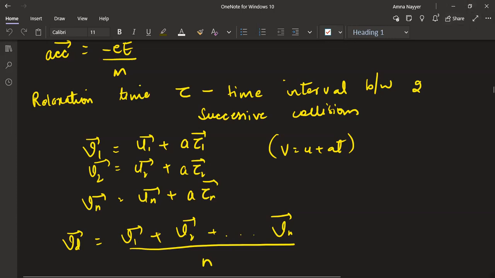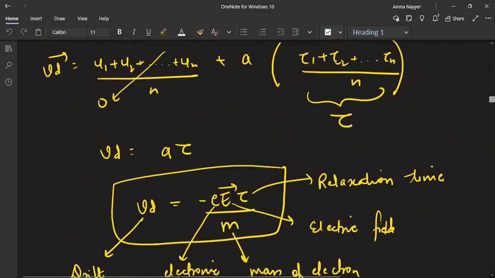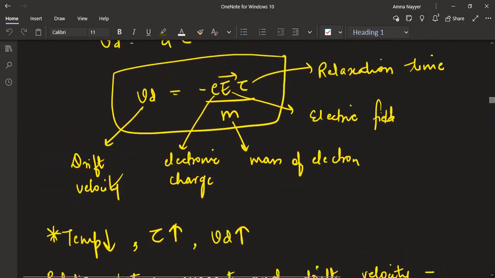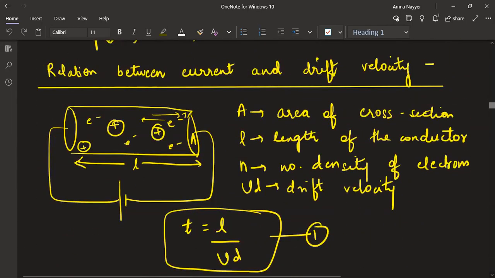Clear? Now this derivation class is very important. There is a lot of chance you can get a full 5-marker derivation from drift velocity. So drift velocity is minus small e capital E tau by m. Then this relation is also very important, more than the drift velocity formula: the relation between current and drift velocity.